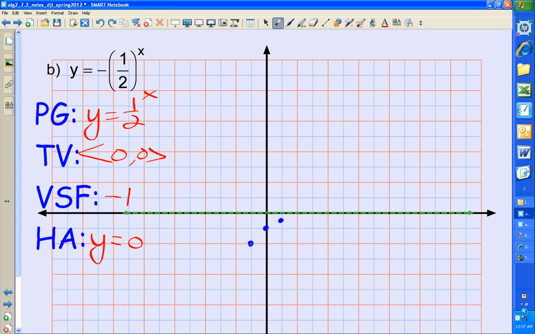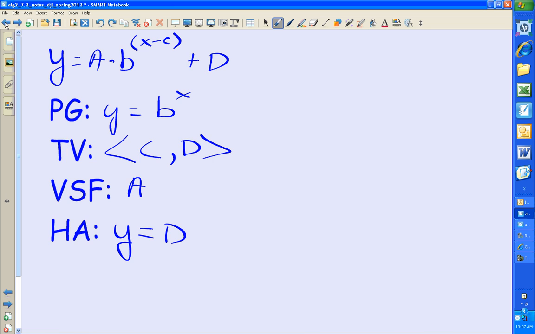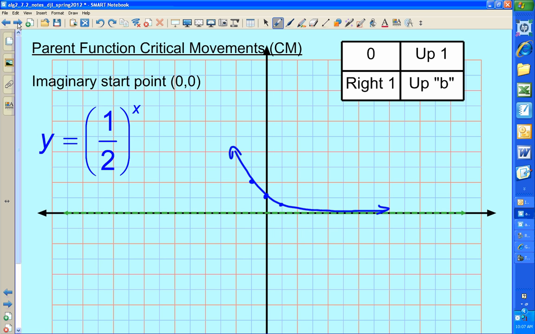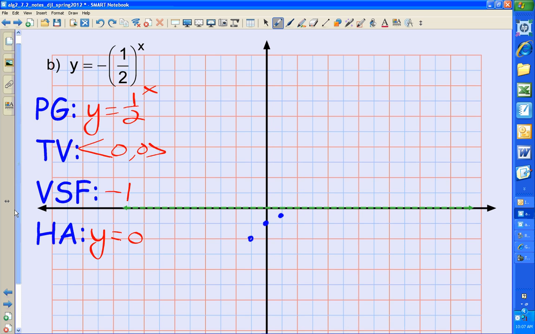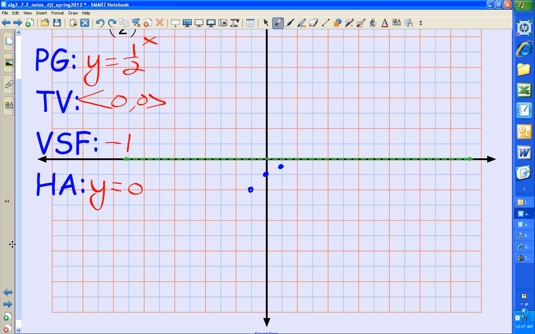So this is the same graph we did 2 slides ago. Y equals 1/2 to the x was the parent graph right here. And here's your landing. We have a negative vertical stretch factor, which you've learned over time means all we do is flip this over the asymptote, or over the x-axis, and we get this graph.